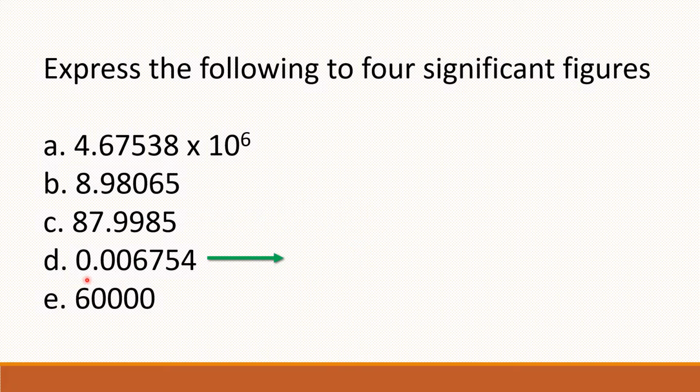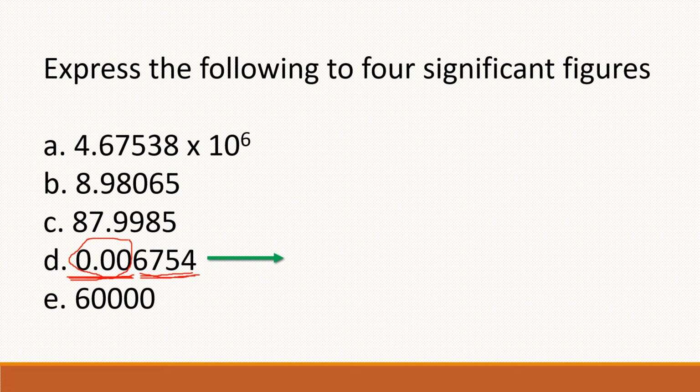The next one is 0.006754. Here the number of significant figures is 4 itself, because the 3 zeros on the left of a non-zero digit are non-significant. So the given number itself has 4 significant figures.